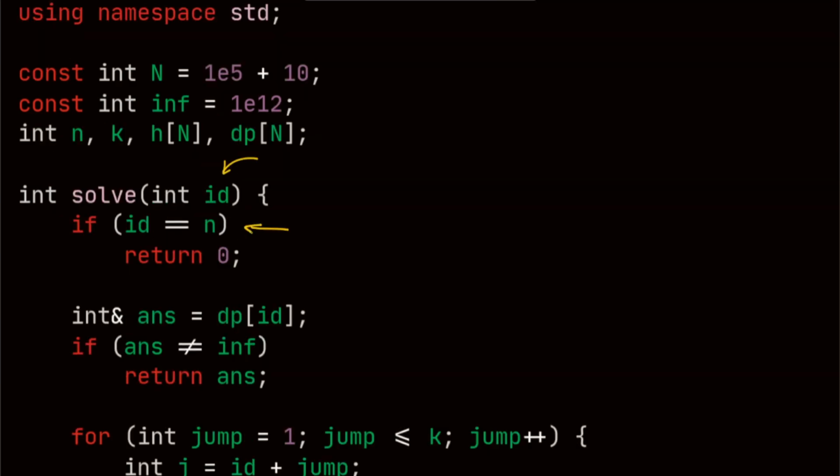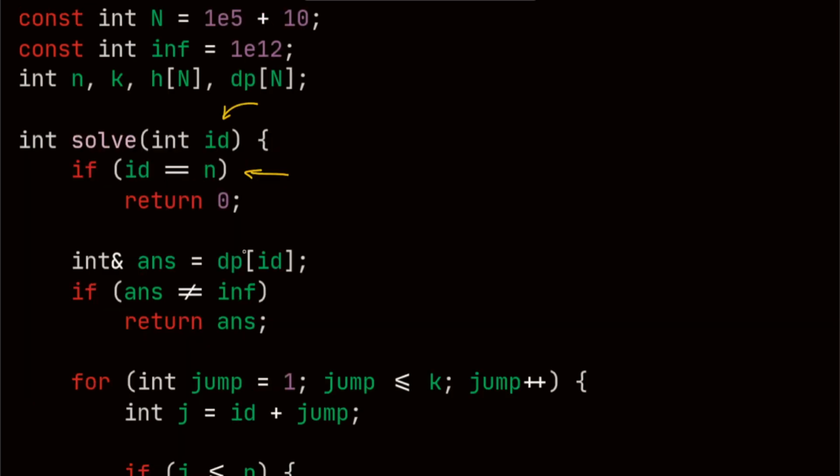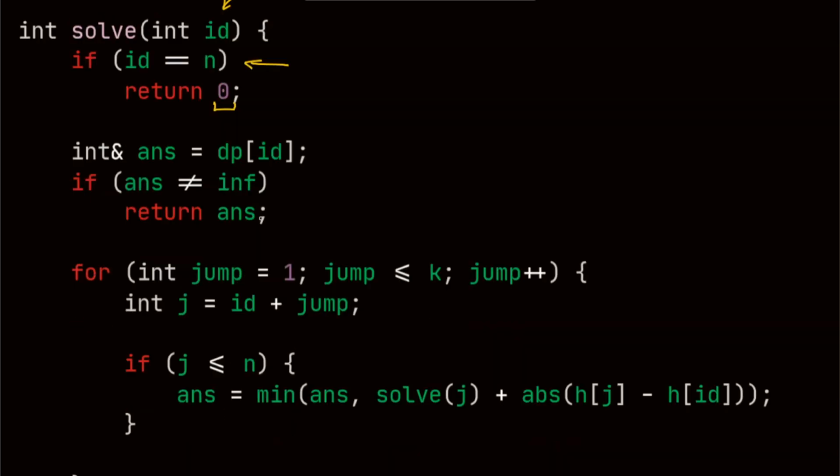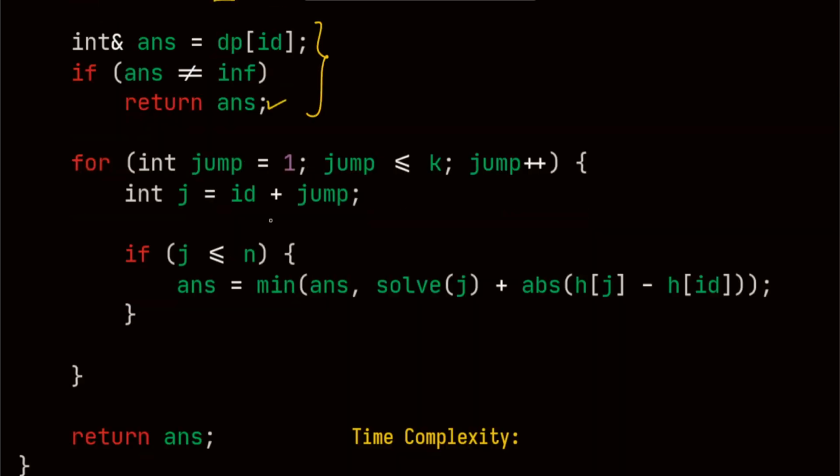So this is the index that we are currently at. If we are at n, that means we have finished the jumping process and we no more need to add any costs. So it is the terminating condition. This is to check whether the state is visited. If it is visited, we can simply return the answer from that without computing it again. Next step, this k is equal to 2, which means the values that j can take is either id plus 1 or id plus 2.